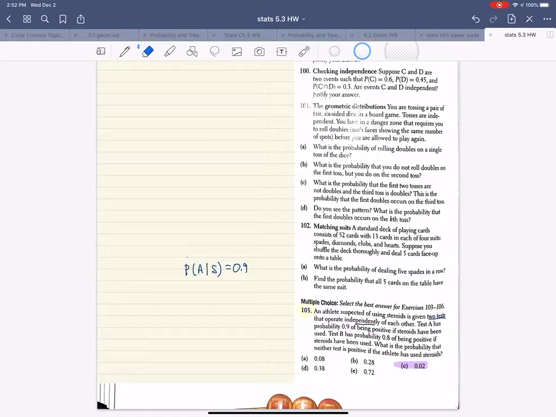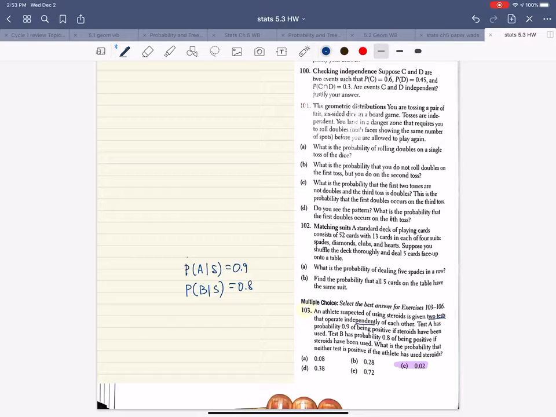All right. And then it says test B has a probability of being positive if the steroid has been used of 0.08.